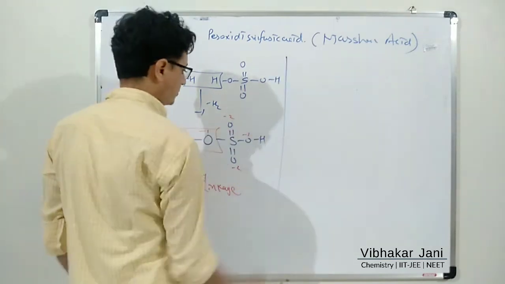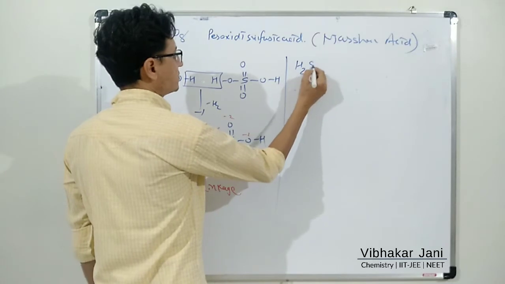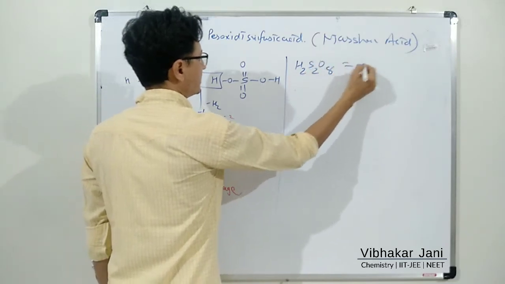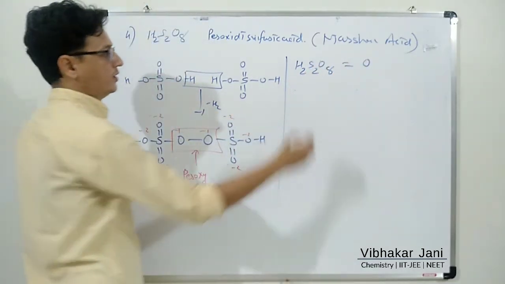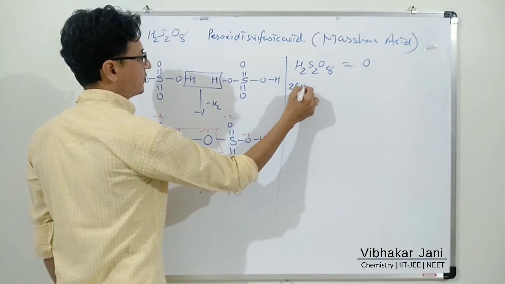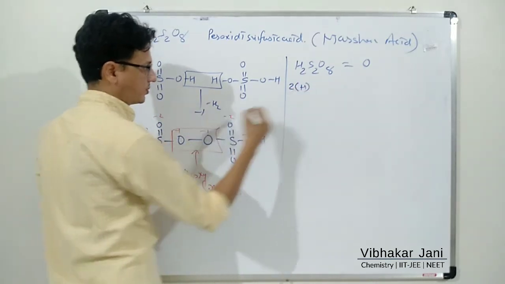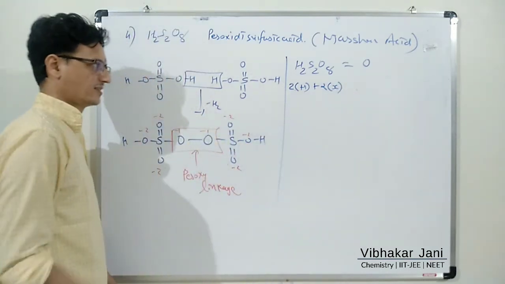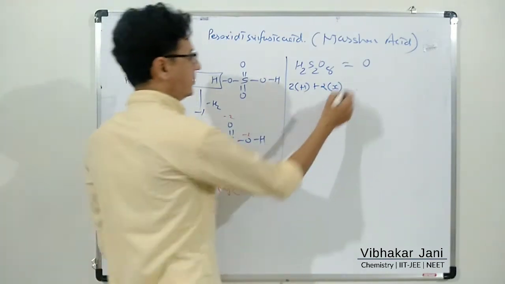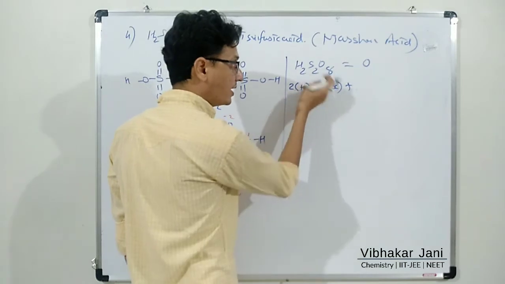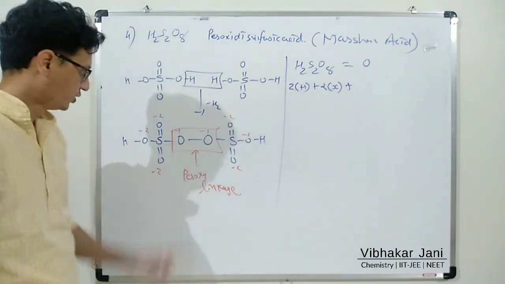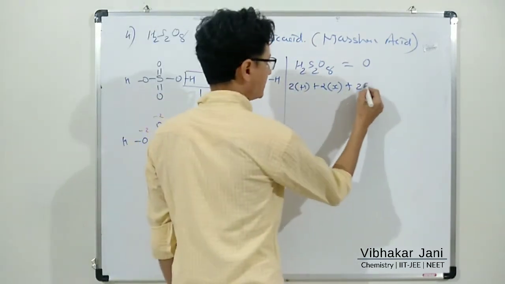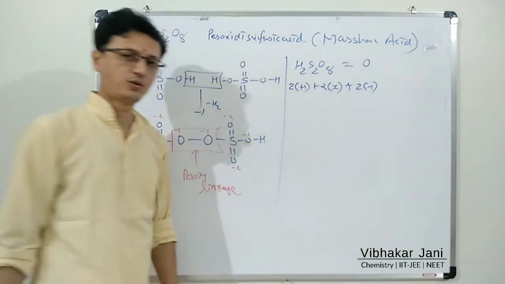Now let us count the oxidation state. H2S2O8 is equal to 0. So 2 multiplied by hydrogen, oxidation state +1, plus 2 multiplied by sulfur, let us assume it as x, plus, now all 8 oxygens are not the same. 2 are in -1, that means they are attached with the peroxy linkage.